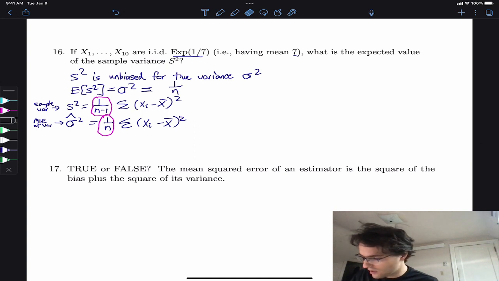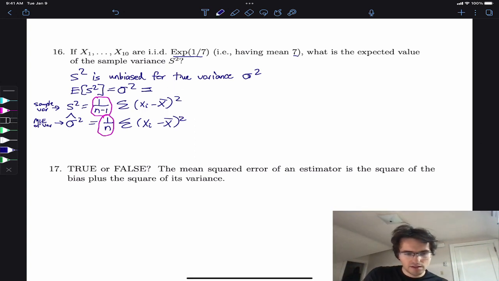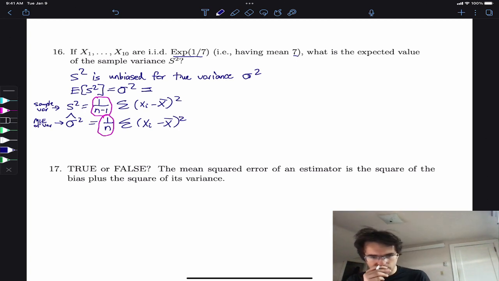Let me check my notes for a second. The true variance is just equal to the variance of any one of these xi's.